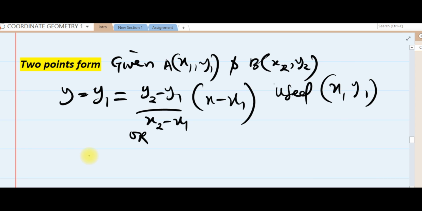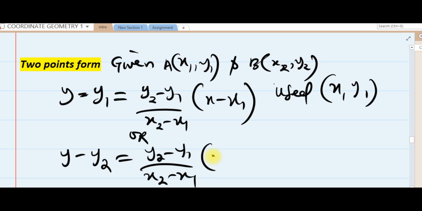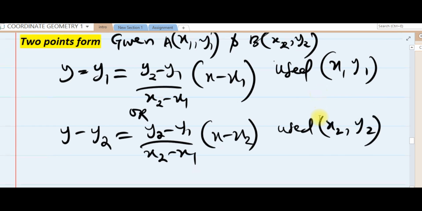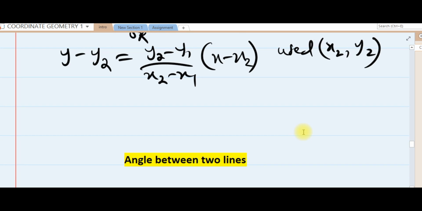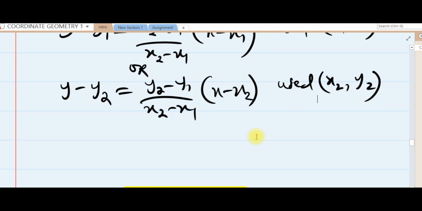Or you can use the other point, which is x2, y2. But the slope is the same thing, because it's the same line. So x minus x2, I used x2, y2. So I told you this is just point slope form, but instead of giving us the slope, they now gave us two points to know whether we could remember the formula.